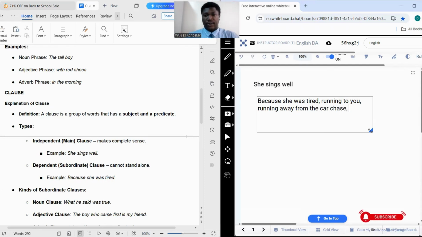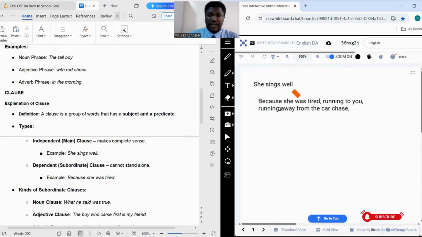It's just a group of words that need more information to give you complete sense. So an independent clause can stand on its own. A dependent clause cannot stand on its own.